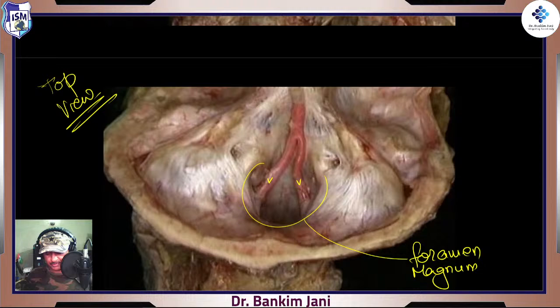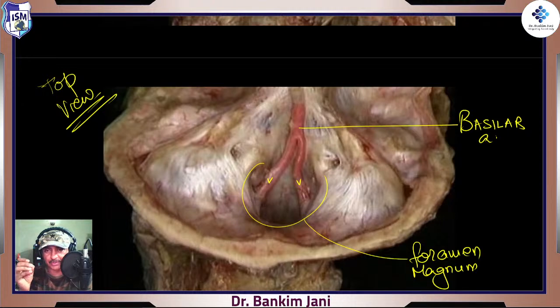Now these vertebral arteries join together to form what's called the basilar artery. So both vertebral arteries join, and once they join, where are they landing? Now we know so confidently that this is occiput, and the portion of occiput which is in front of the foramen magnum, there is only one name, and that is basi-occiput.